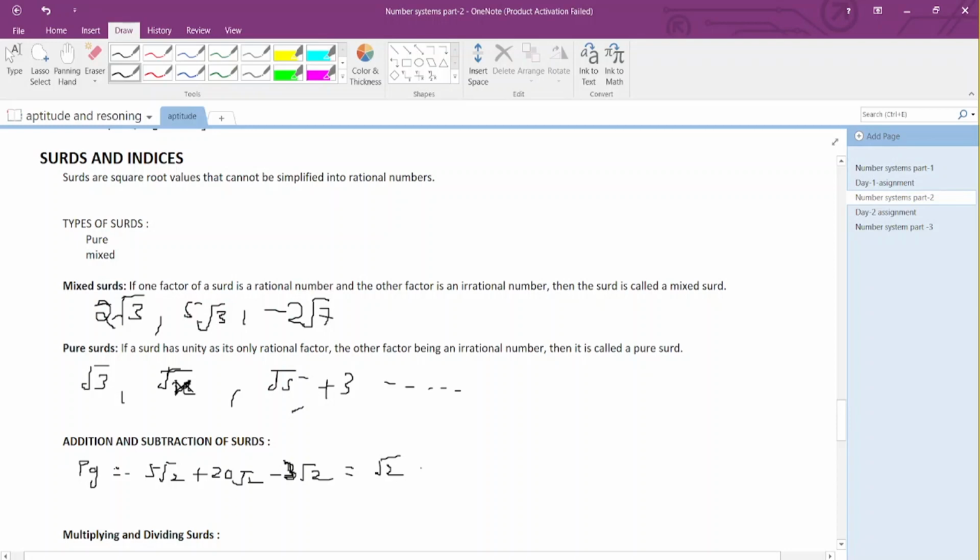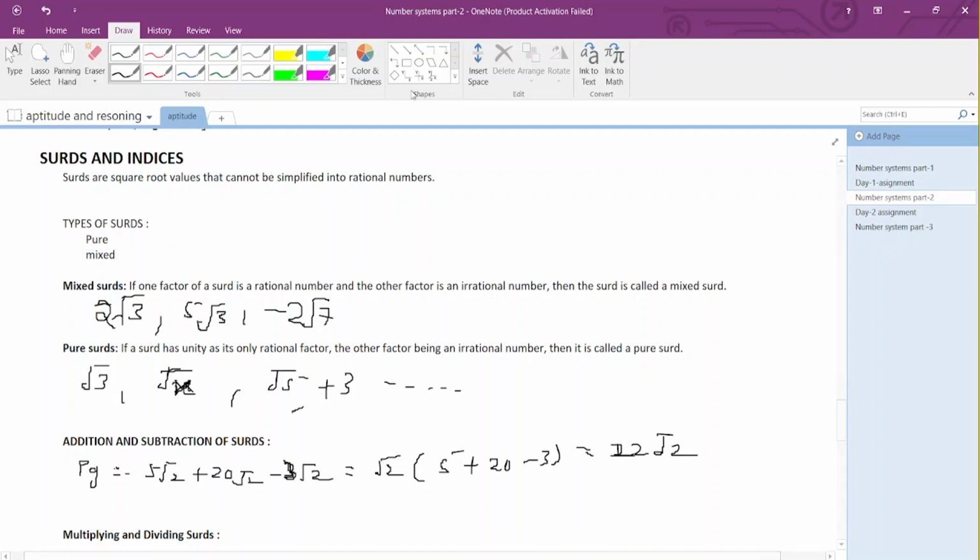Common element here is root 2, right? If we take out the common root 2, what are we left with? 5 plus 20 minus 3, right? What is 5 plus 20 minus 3? It's 25 minus 3, which means 22, right? 22 root 2.